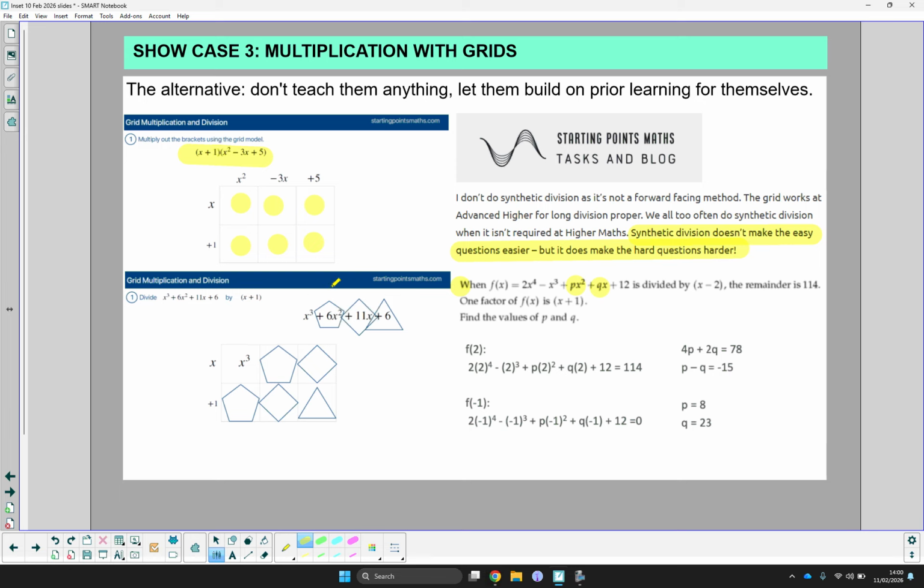We then gently introduce the idea of doing some division, and really all we're doing is reinforcing the fact that those two boxes will give the x squared term, that these two boxes will give the x term, and this single box here will give the constant term, sorry. And this is something that you would imagine a lot of pupils pick up on at National 5 if they're using a grid. They get into the habit of tidying up their terms using those diagonals.